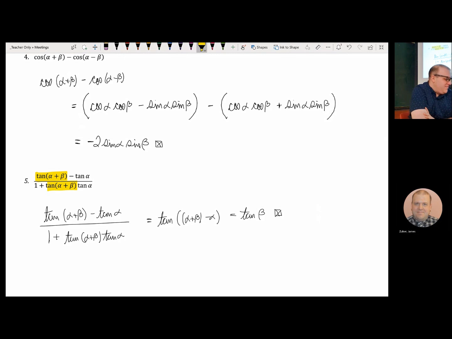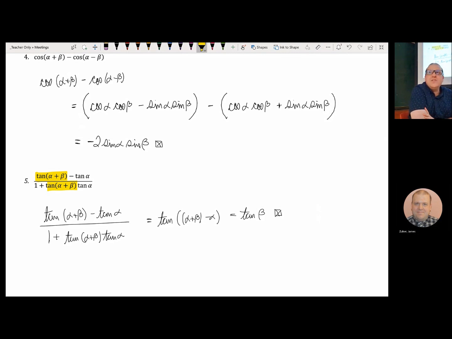I believe you, but I'm still not understanding what happened to the denominator. I guess the rule is tangent of X minus tangent of Y is equal to tangent of X minus Y. It's not.